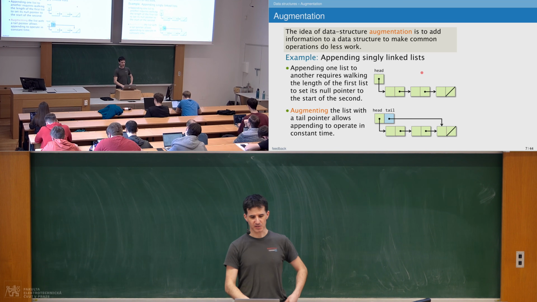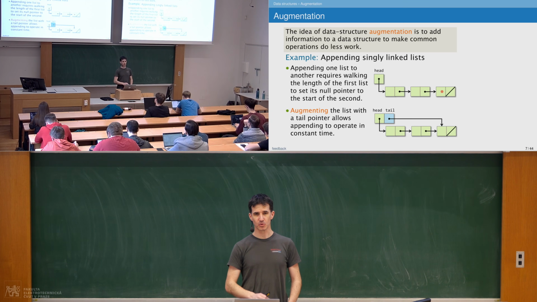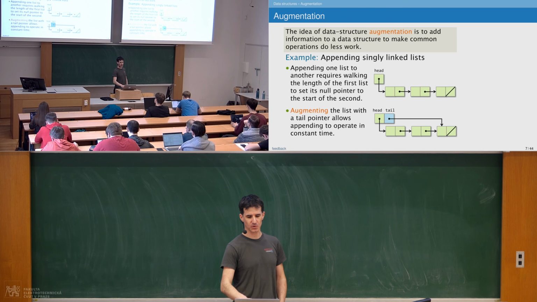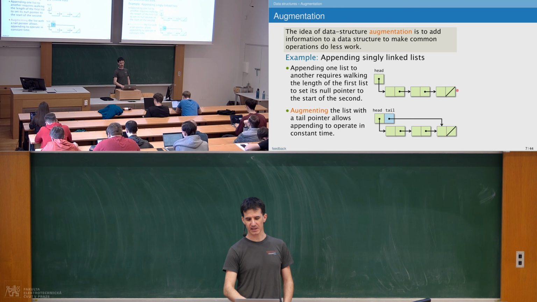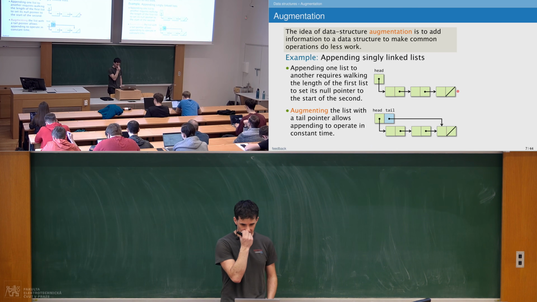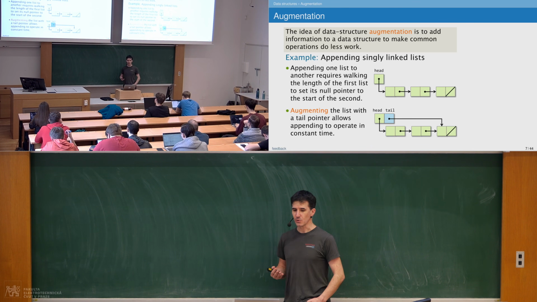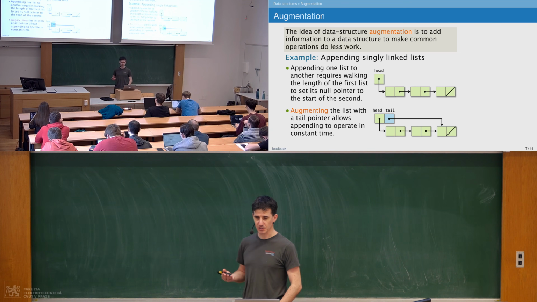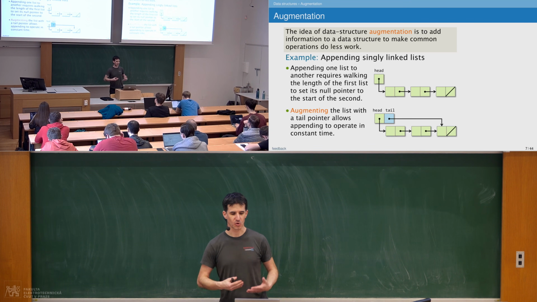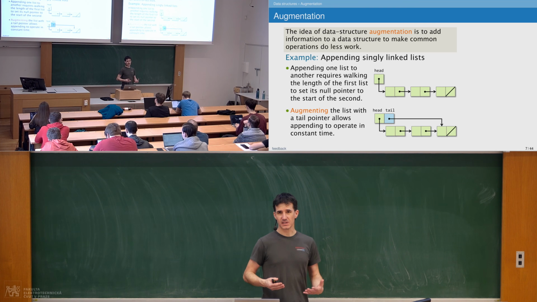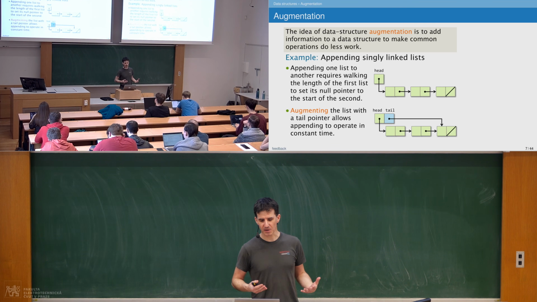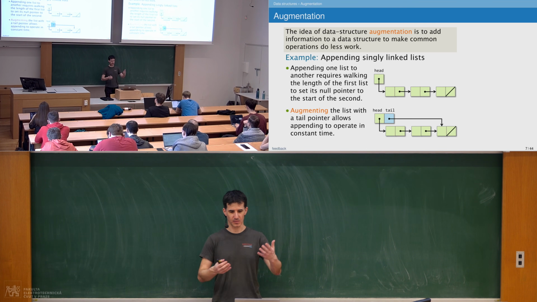having a single linked list would be inefficient, because if you need to add something to the end, you would first have to traverse the whole list from the beginning to the end, and only then you can add to the list. So what you can do, you can augment your data structure, like increase your memory consumption, but this increased memory consumption will lead to faster execution time in some operations.